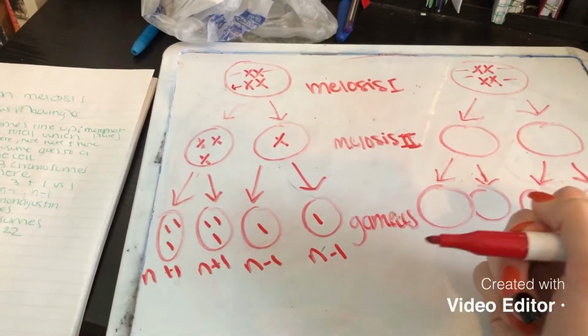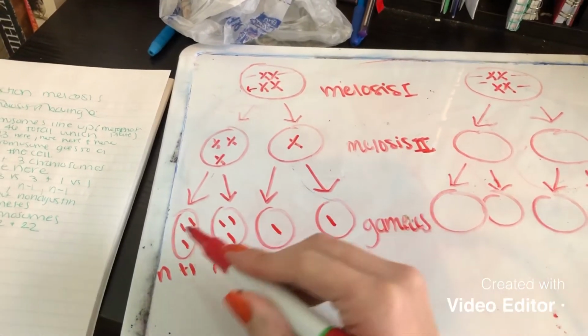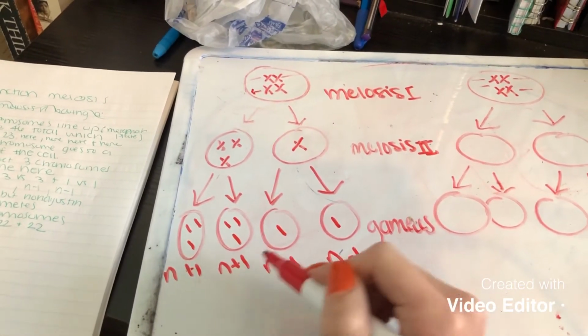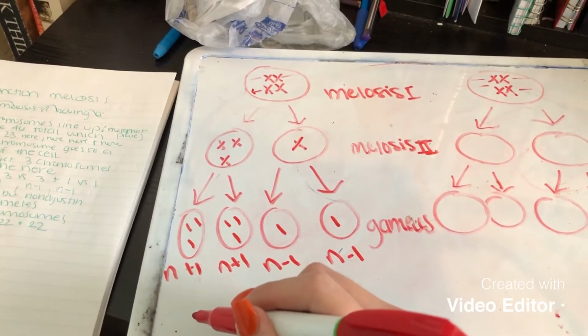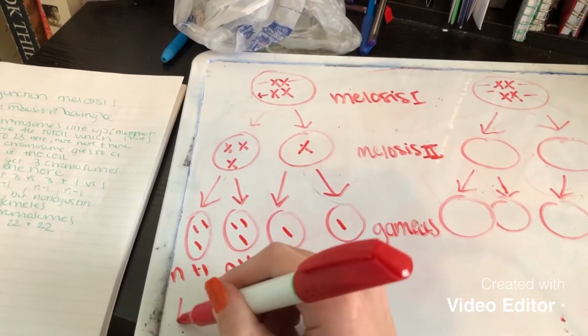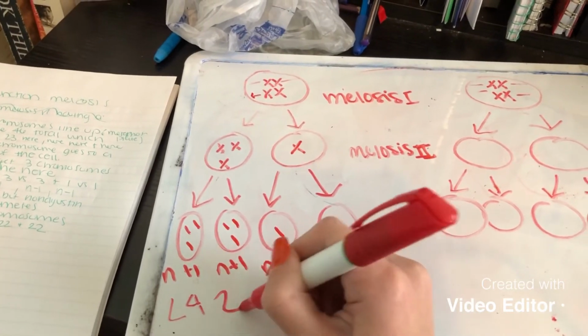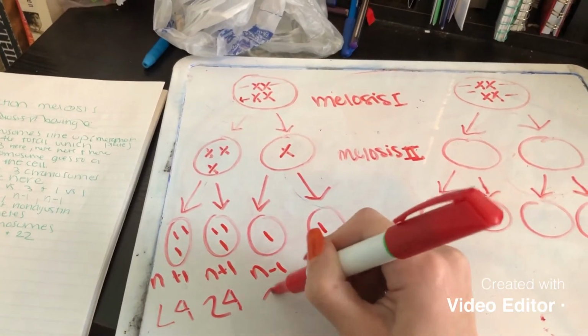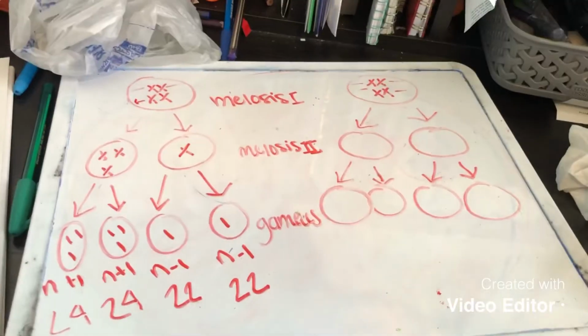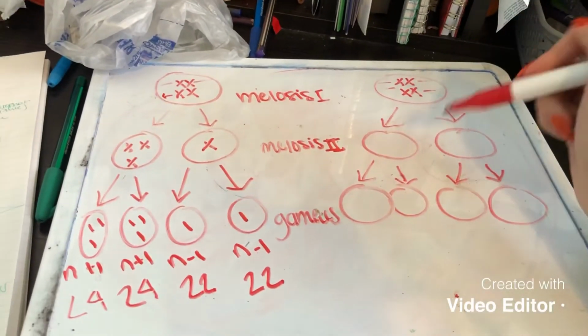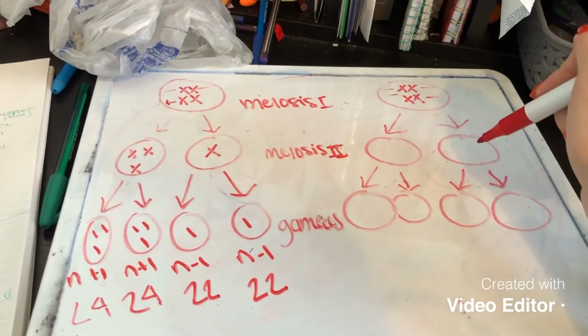So like I have repeated, these should be 23, 2, 2, 2, 2. But since we have this kind of mutant here, we see 24, 24 chromosomes, and 22 and 22 chromosomes. So in meiosis 2 is where we're going to see that abnormality.